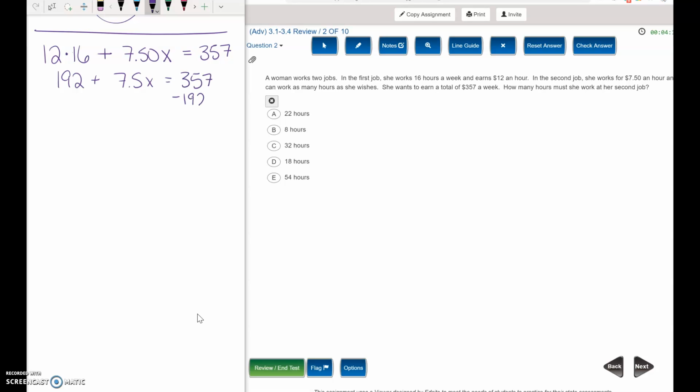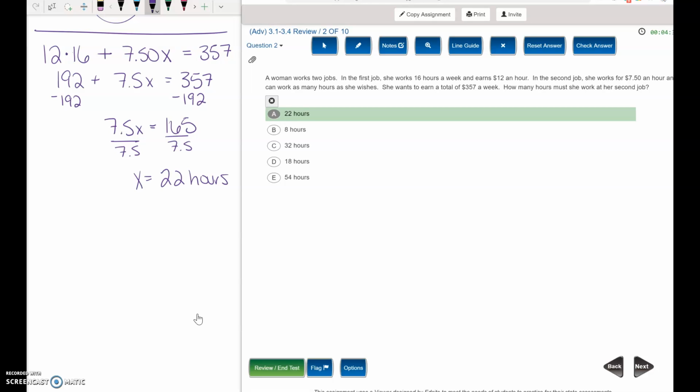We subtract the 192 from both sides to get 165, and then divide by 7.50, and we get x is 22 hours. So 22 hours.